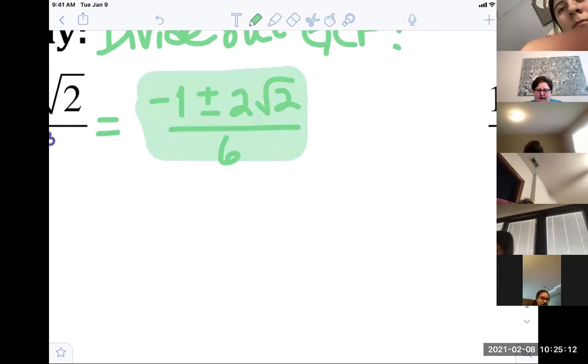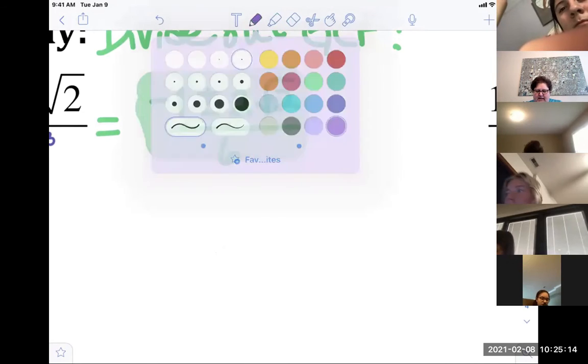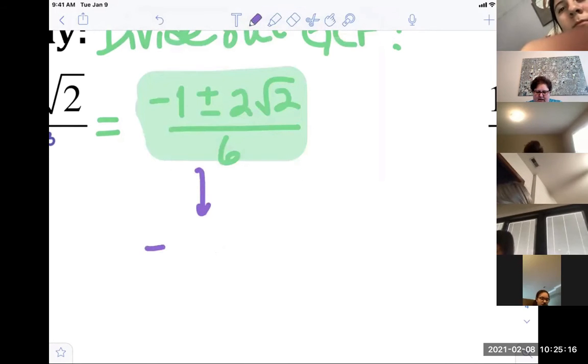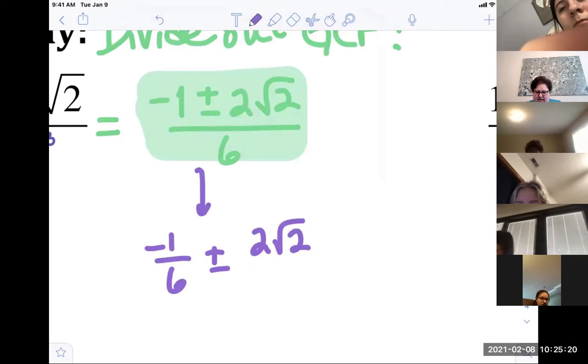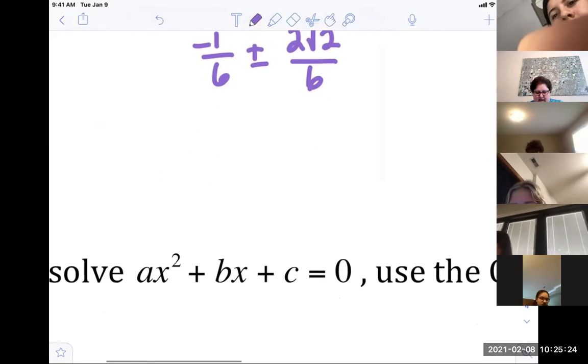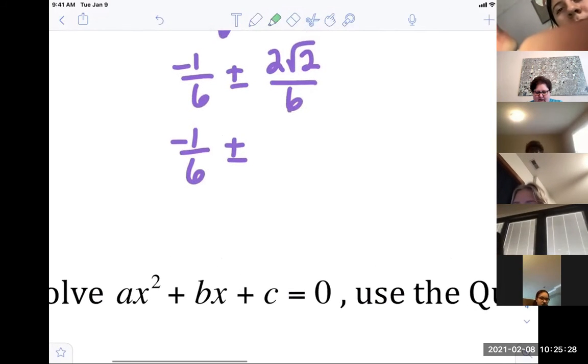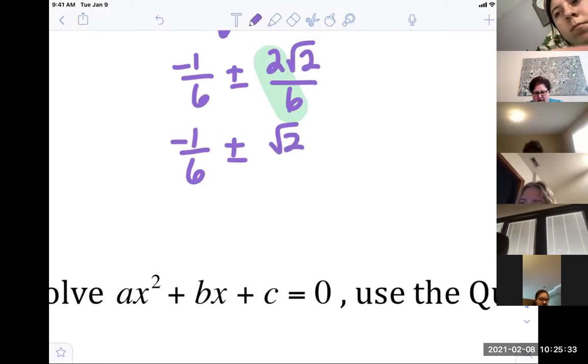But in Algebra 2, and those of you that are doubling know, sometimes you write your answers like this. That answer that I highlighted is the same thing as saying -1/6 plus or minus, and if I divide the 3 here, now because it's its own term, it'd be square root of 2 over 3.